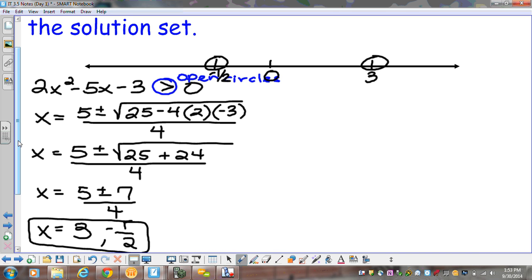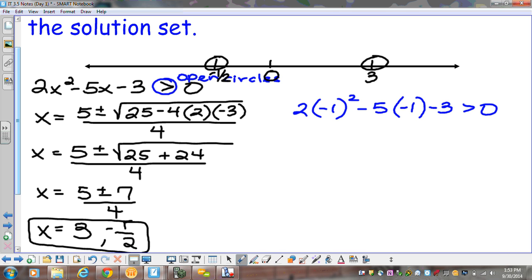To figure out where I'm shading, let's plug in some test points. So what is a test point to the left of negative 1/2? Negative 1. Let's plug in negative 1. So 2 times negative 1 squared minus 5 times negative 1 minus 3.